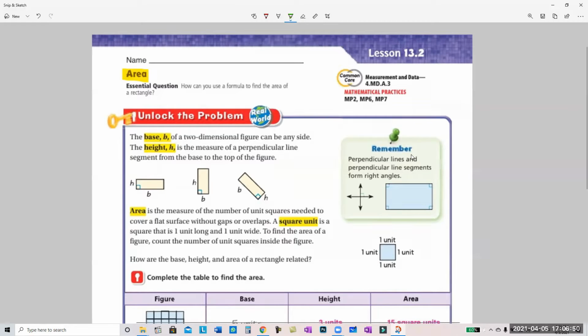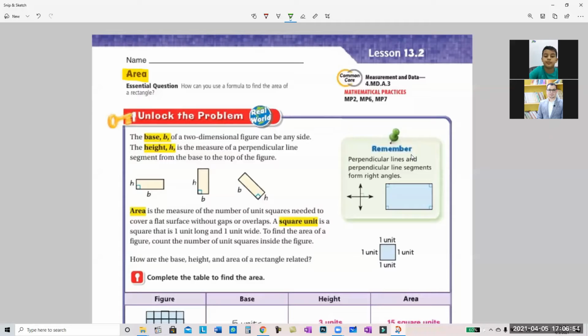Any shape has a base and a height because we have two-dimensional shapes today. B for base and H for height. If we have a two-dimensional shape, we have base and height to it. So that's the meaning of two-dimensional shapes.